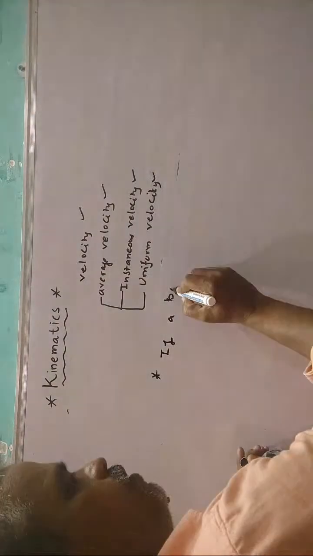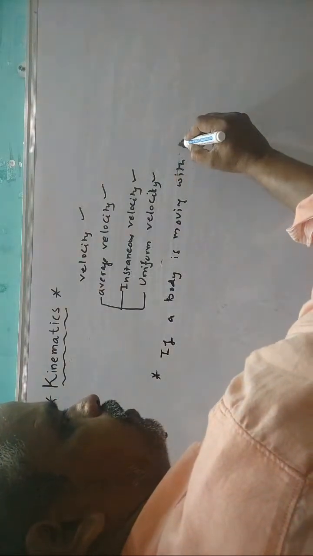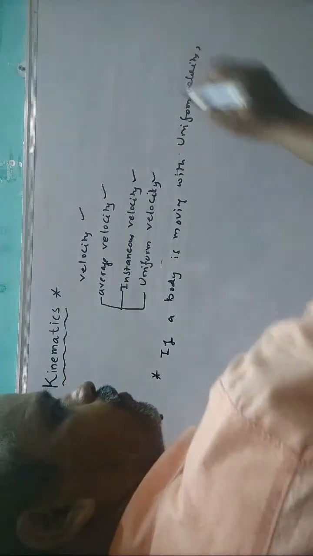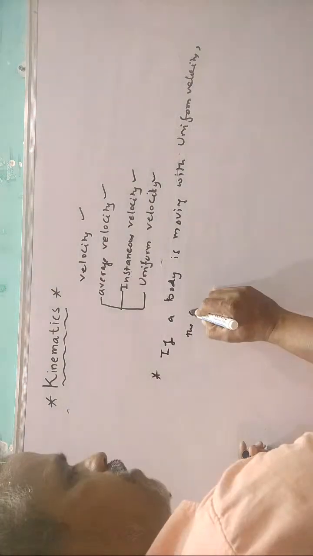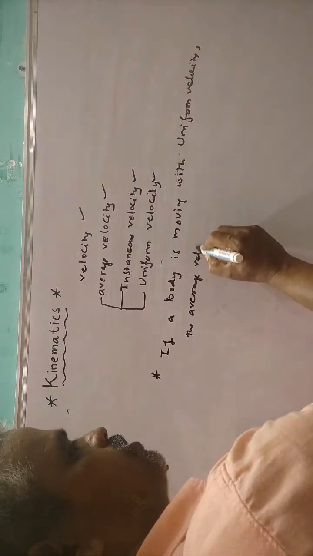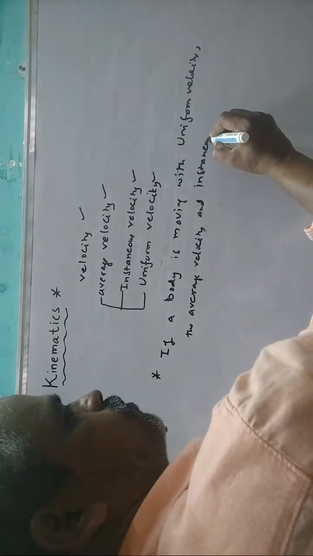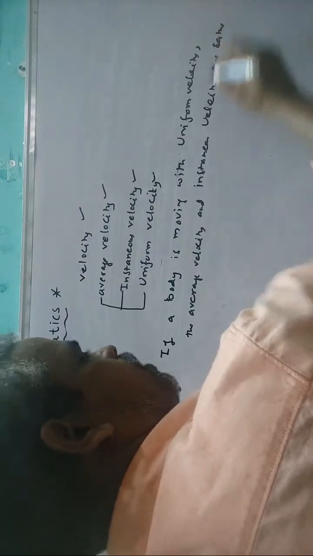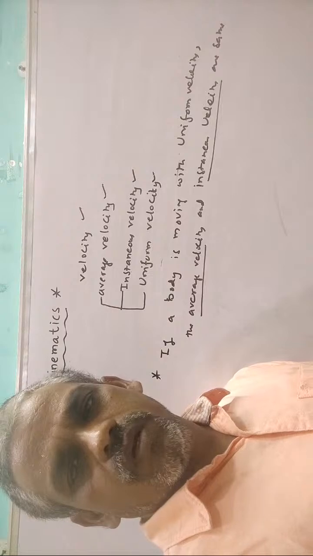If a body is moving with uniform velocity, the average velocity and instantaneous velocity are the same. The average velocity value, the instantaneous velocity value, and the uniform velocity, all three values should be the same.